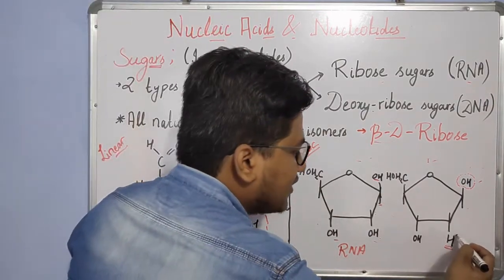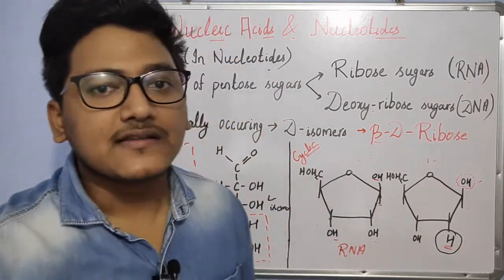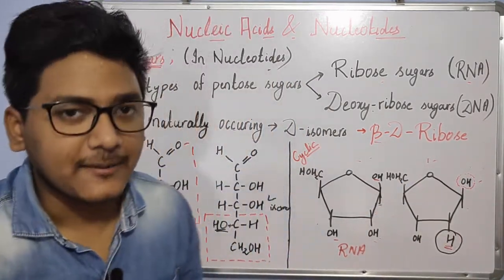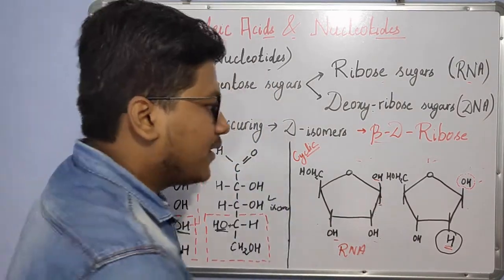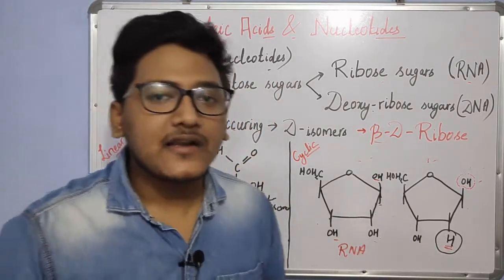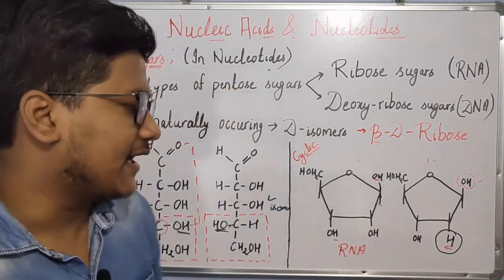Because of this replacement, DNA is preferred as the genetic material and not RNA. RNA no doubt is formed during transcription, but the stability of DNA is multifold increased by the replacement of the hydroxyl group with a hydrogen atom.